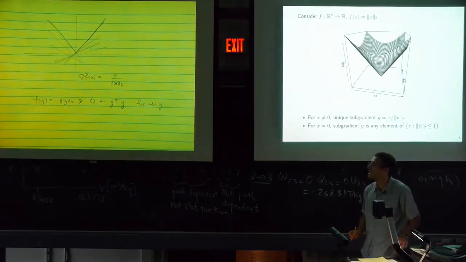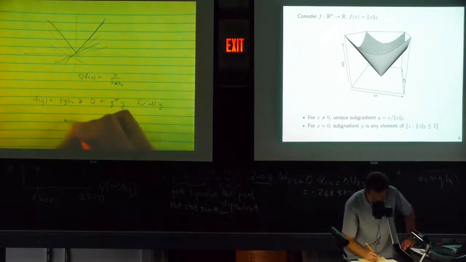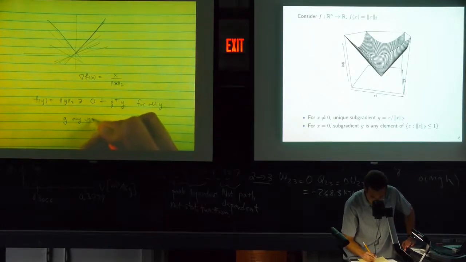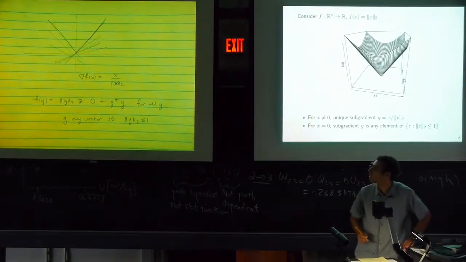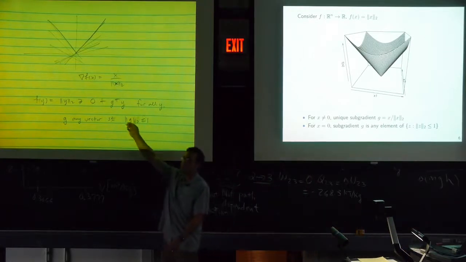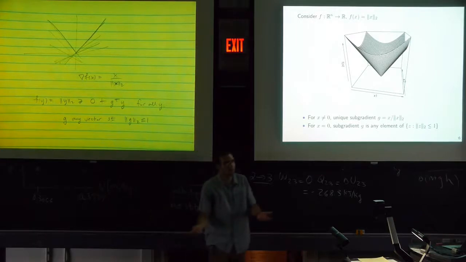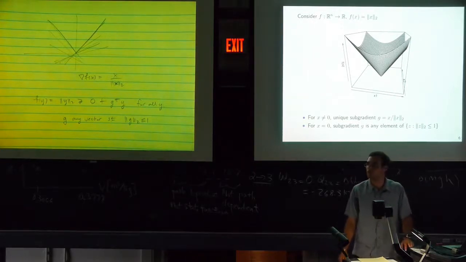So we want to choose g to satisfy that. That would give us a subgradient at 0. Right? Clearly, we can take g to be any vector such that its L2 norm is less than or equal to 1, because then we can just use the Cauchy-Schwarz inequality and say that's at most the norm of g times the norm of y, which is just the norm of y if g is norm less than or equal to 1.